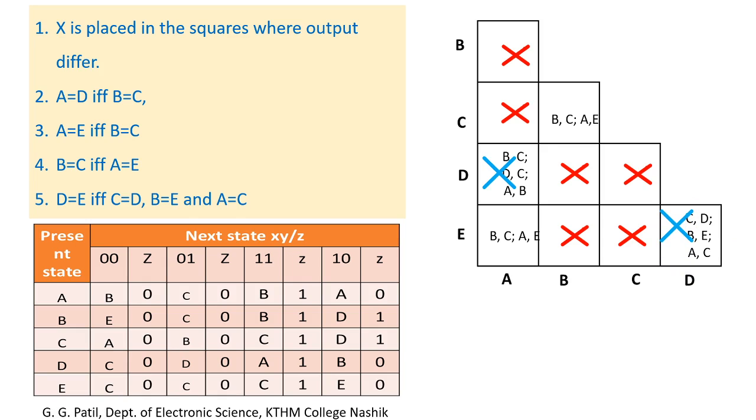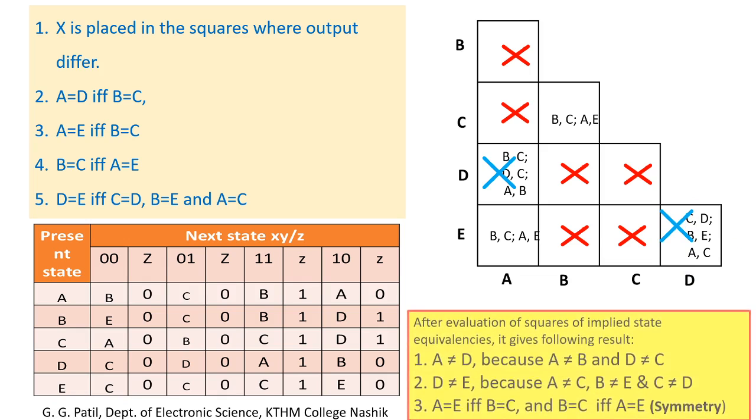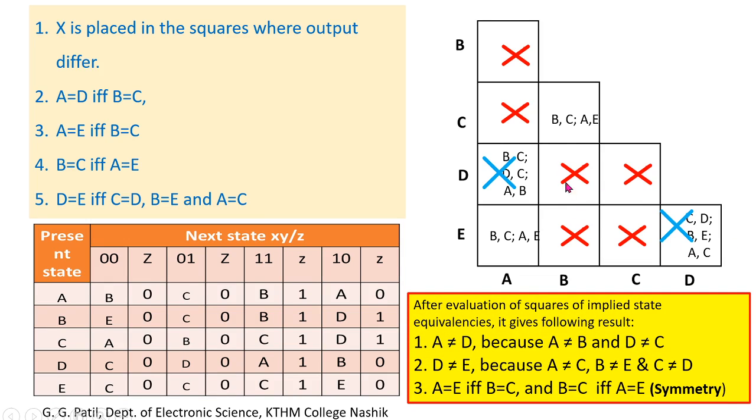Okay. So after crossing those squares, which squares remain uncrossed? One remains uncrossed and this one remains uncrossed. Those states are said to be the equivalent states. So it is written here.